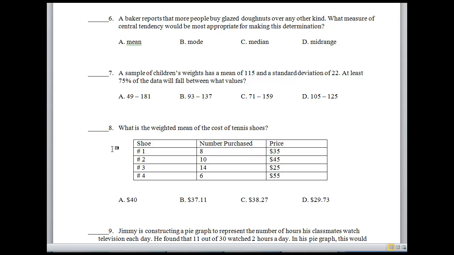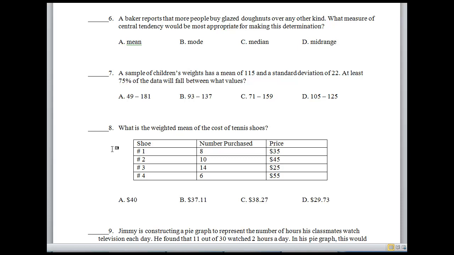I'm sorry. Is it how many they're getting, or what? What kind they're getting, right? Our data is what kind. So we got glaze, we got the chocolate glaze, we got the different ones. So now that we know what the data is, what's the best measure of center? B, the mode. Excellent. Very good.